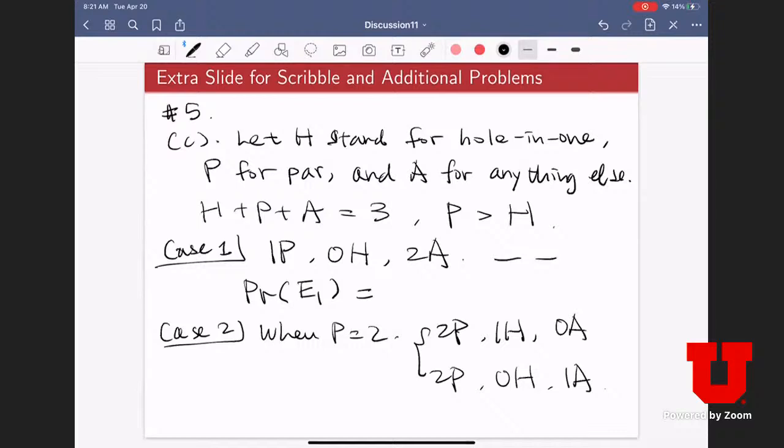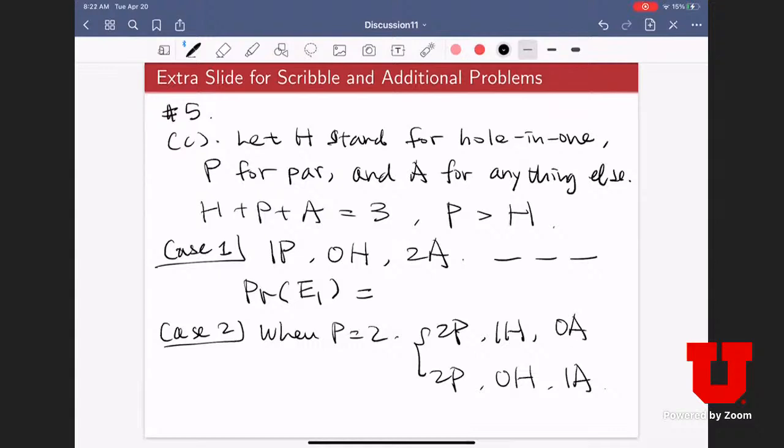Still think of them as 3 spots. How would you choose your 1 par?